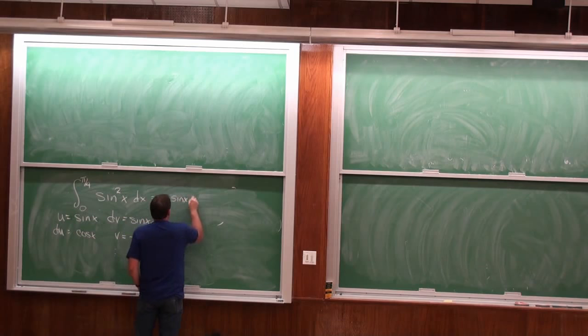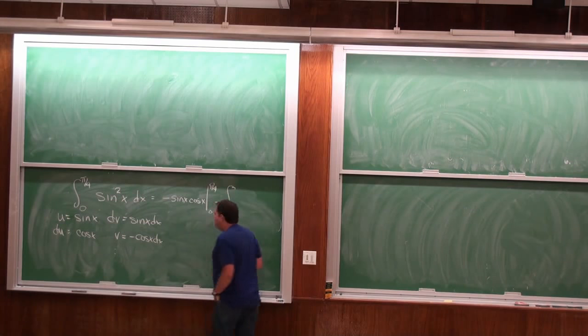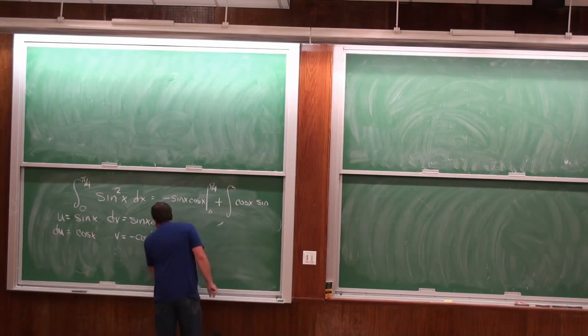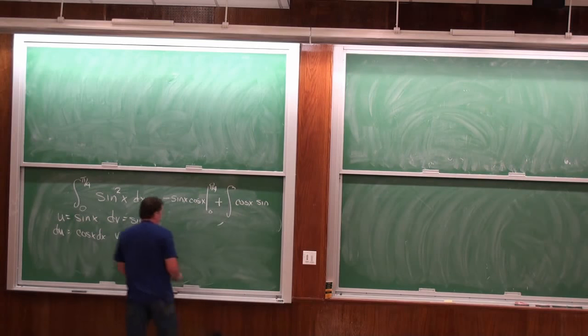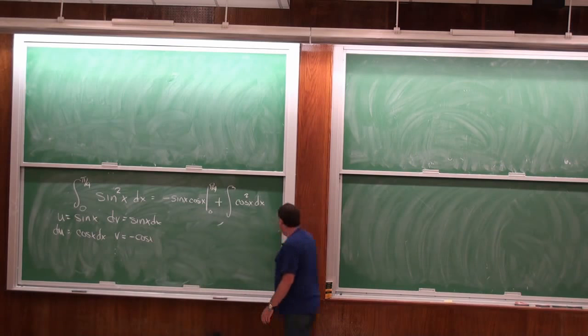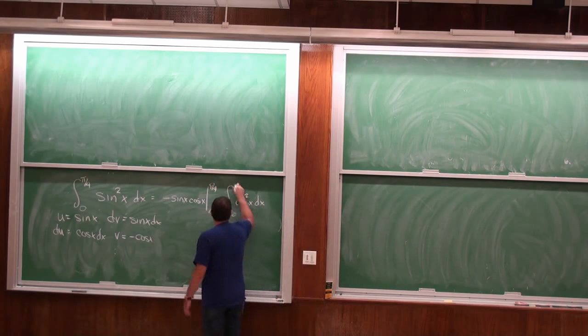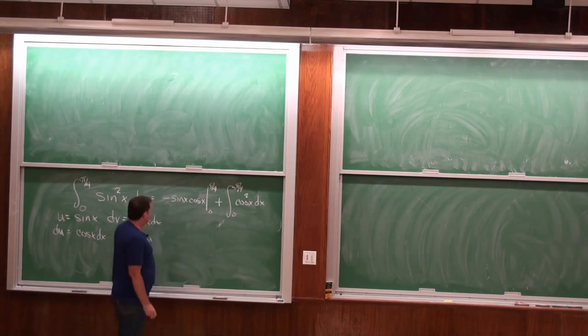Minus sine x cosine x from 0 to pi over 4 minus the integral of v du. So I think I did that right so far. And this is from 0 to pi over 4.